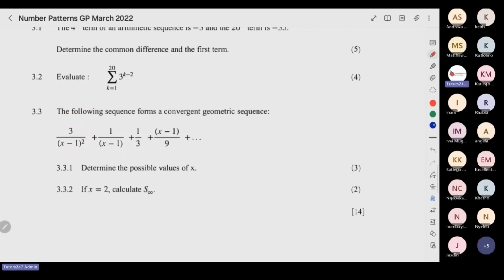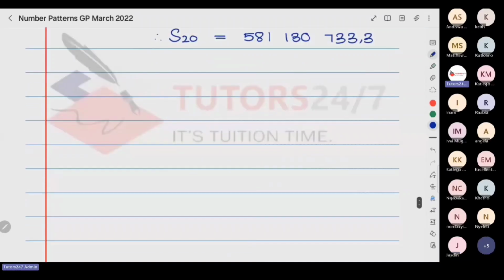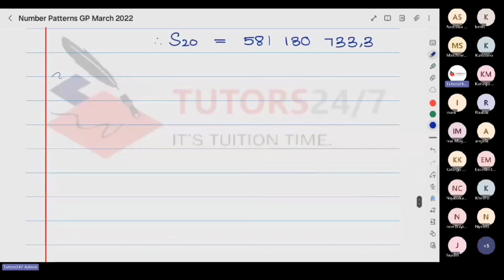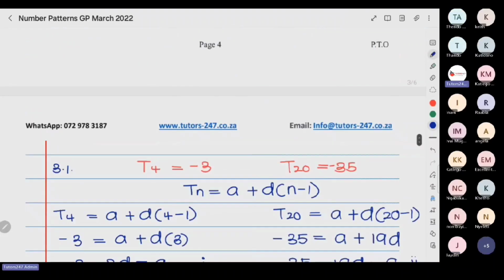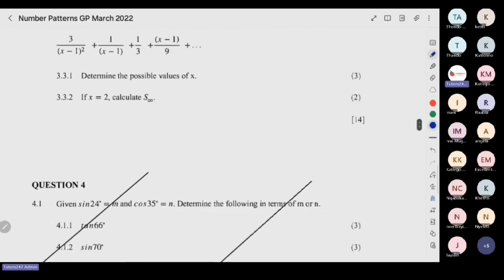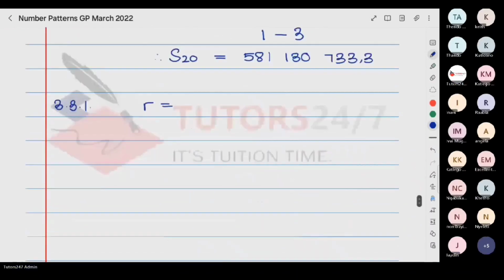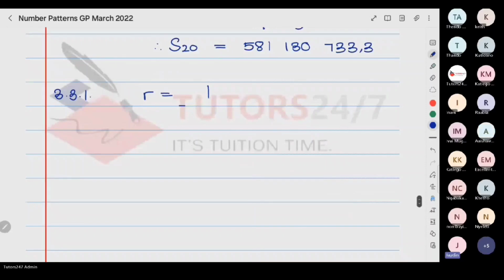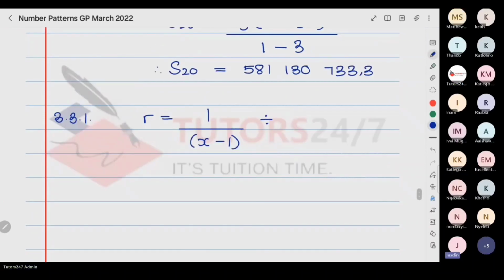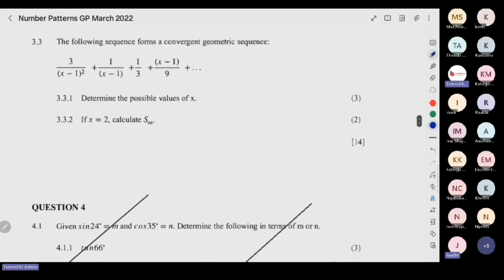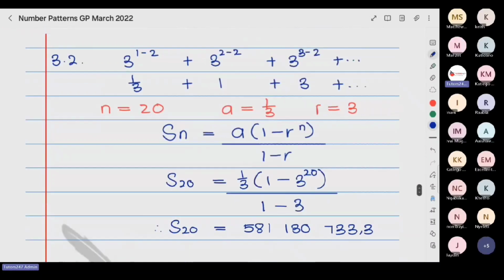So term 2 divided by term 1. This is question 3.3.1. We know that R is going to be equal to term 2, which is 1/(x minus 1), divided by 3/(x minus 1) squared.